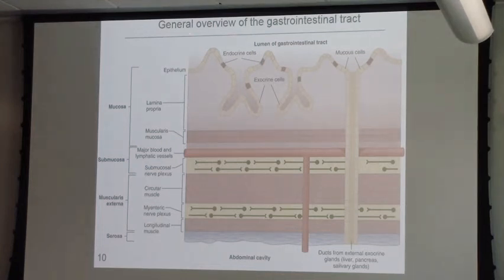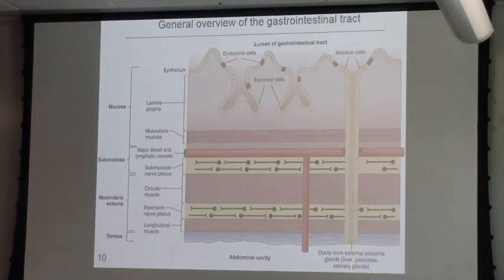So this is the lumen, where the food or the chyme is, and this is in contact with capillaries in the blood. So this is where the food is, and this is where the blood is that is important for absorbing the nutrients.